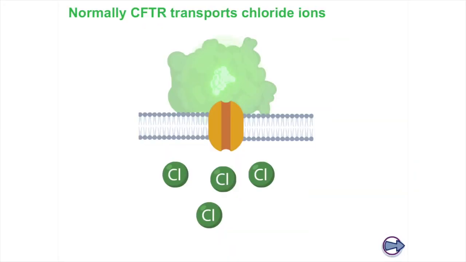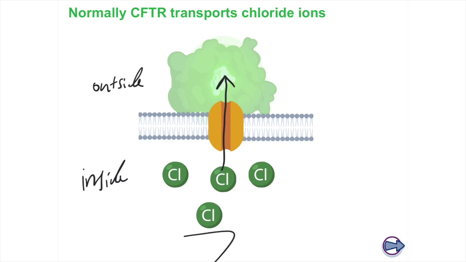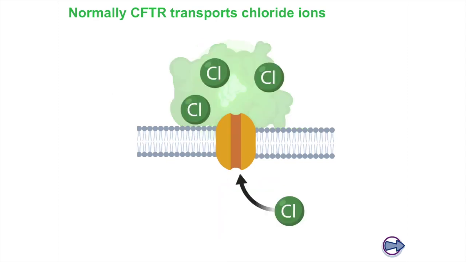A blocked CFTR prevents the transport of chloride ions. Chloride ions usually move from the inside of the cells to the outside where the mucus is found. In normal cases, the chloride ions being mixed with the mucus cause the movement of another ion. So this side becomes very negative, and it helps the movement of another positive ion, which is sodium.